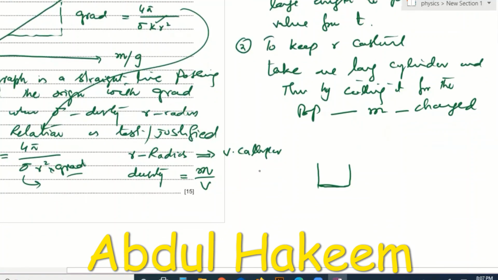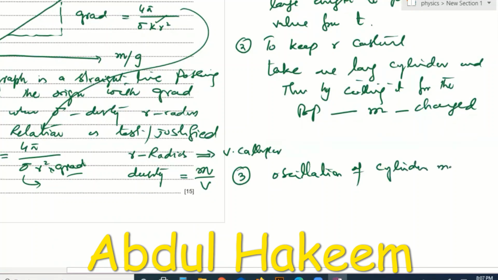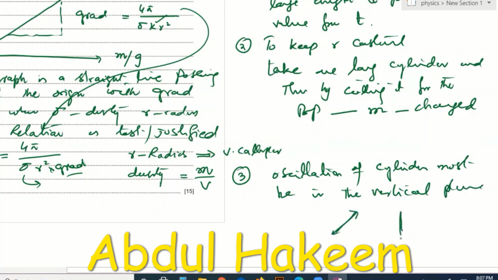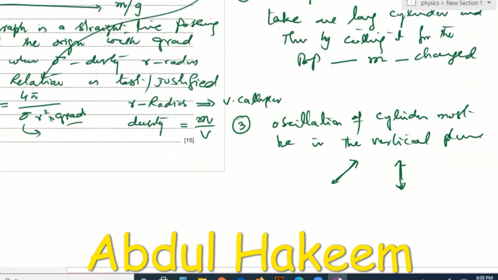And number 3, the oscillation of this cylinder must be in the vertical plane, not like this. It must be up and down straight. Otherwise, the result will not be accurate. So we have to oscillate it in the vertical plane, up and down.